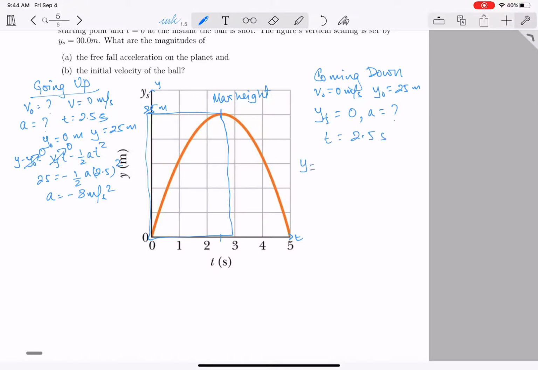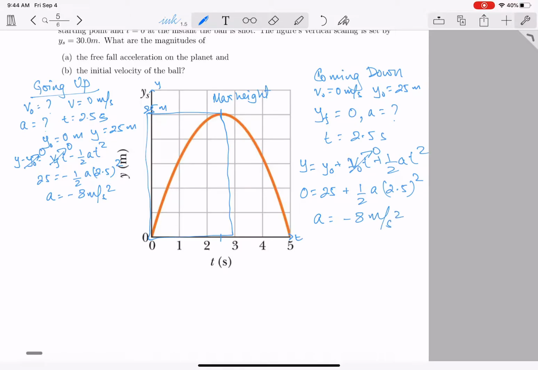So y equals y initial plus v initial t plus 1/2 at squared. V initial at that height is 0, so this becomes 0 here. Then 1/2 a times 2.5 squared, so acceleration is -8 meters per second squared.